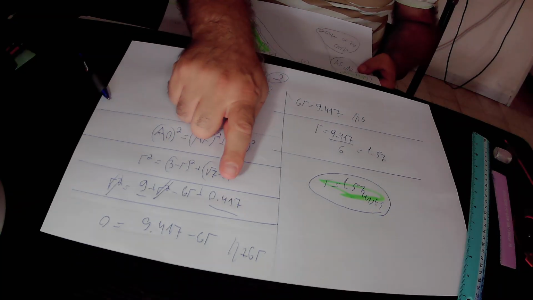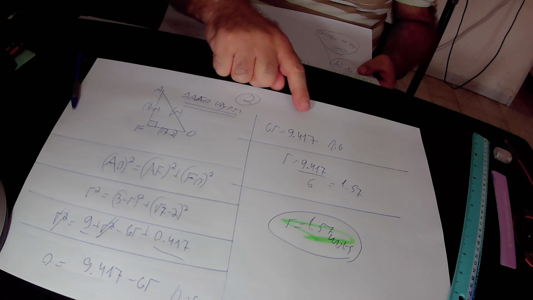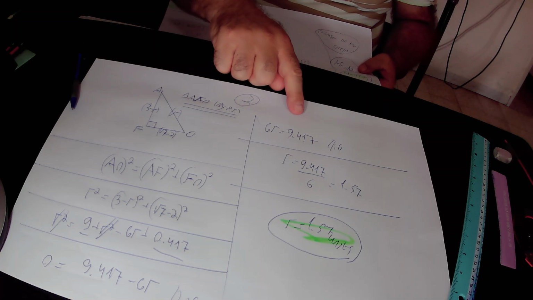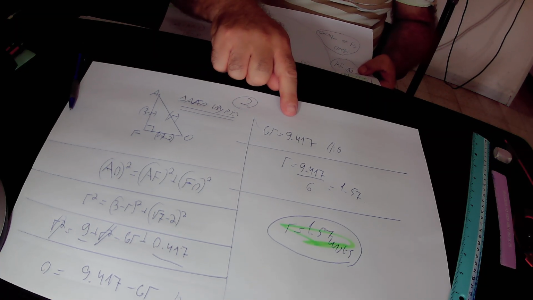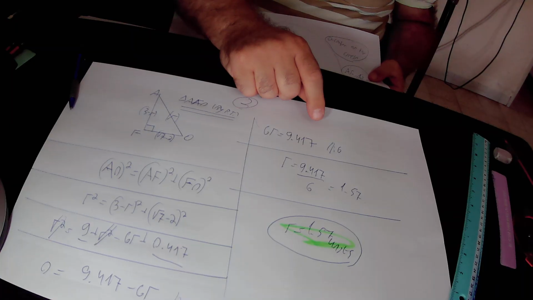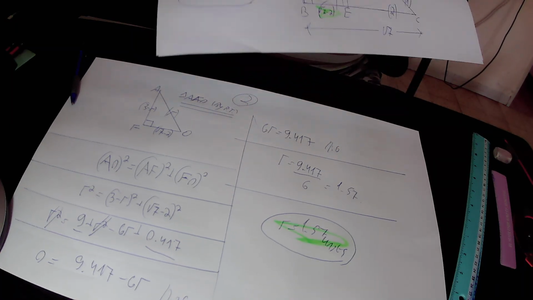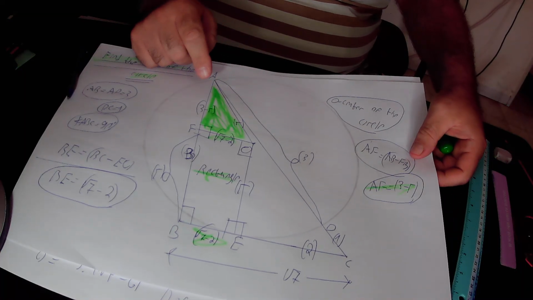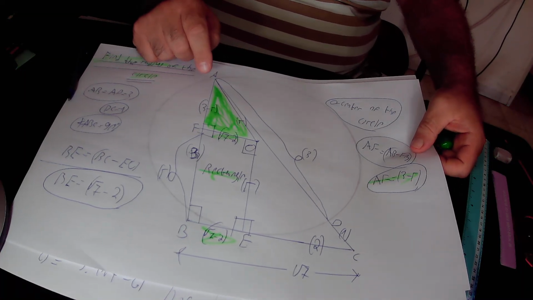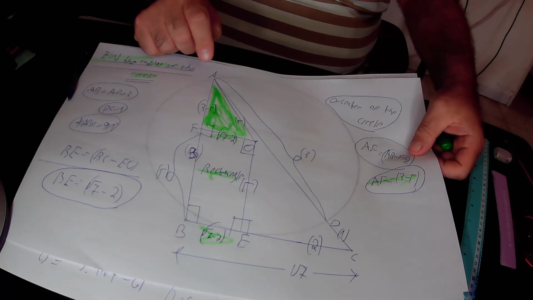Here we added 6R to the equation, so 6R equals 9.417. Here we divided the equation by 6 and finally found that R, that is the radius of this circle, equals 1.57 units in length. So the radius of this circle, that is the radius we are looking for in this question, is equal to 1.57 units in length.